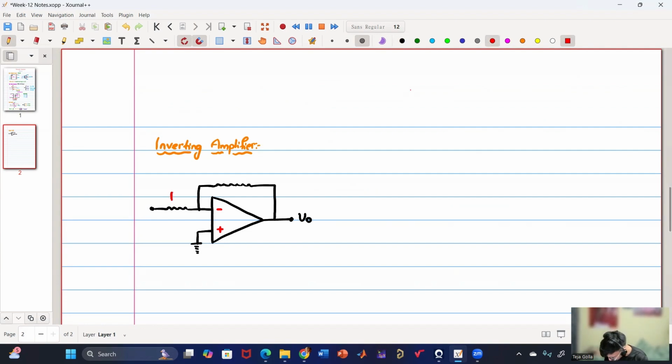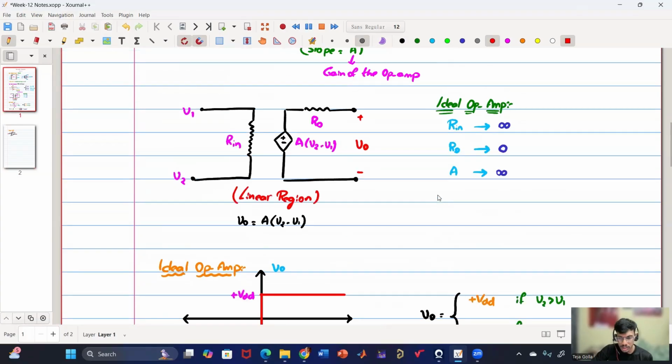This is resistance R1, this is R2, and this is V0, and this is the input Vi.